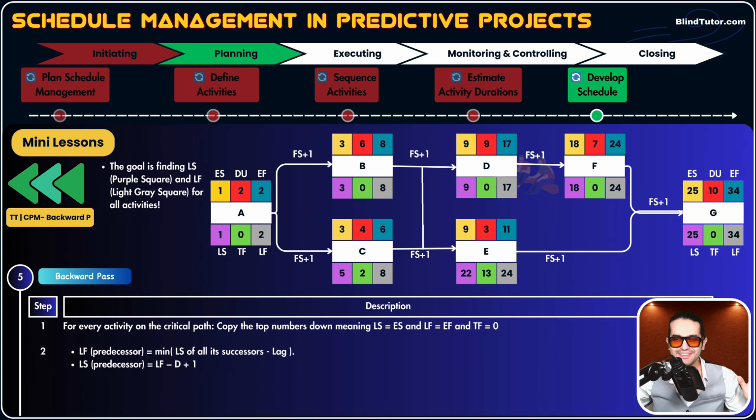It wouldn't delay the whole project because we had 2-day float. But we cannot do it with activities A, B, D, F, G because these are on the critical path. TF of these activities is 0. There is no flexibility. But for activities C and E, especially E, 13 days of total float.